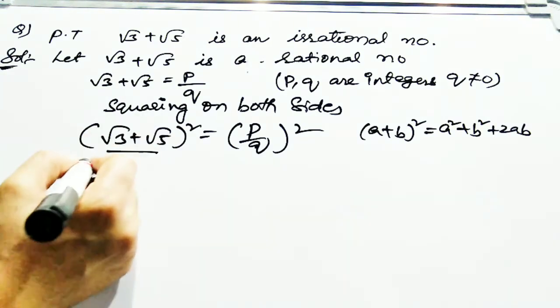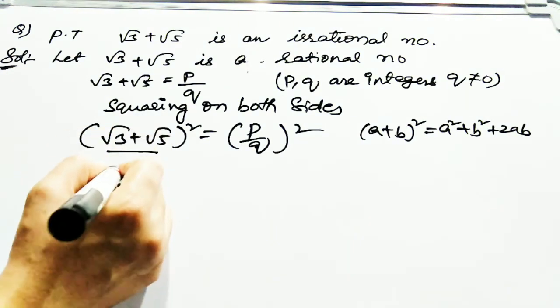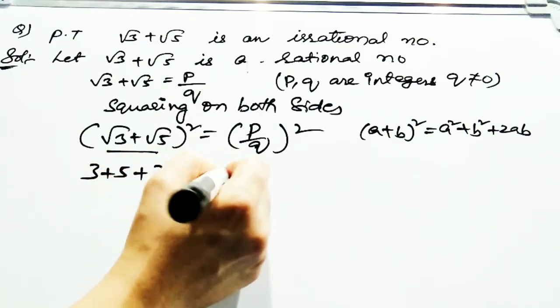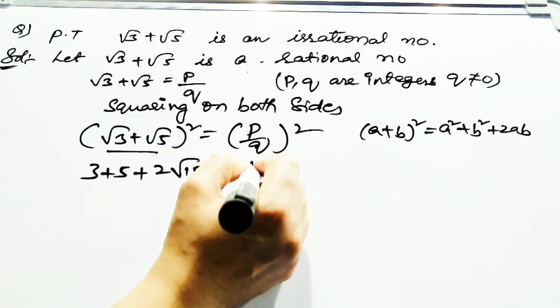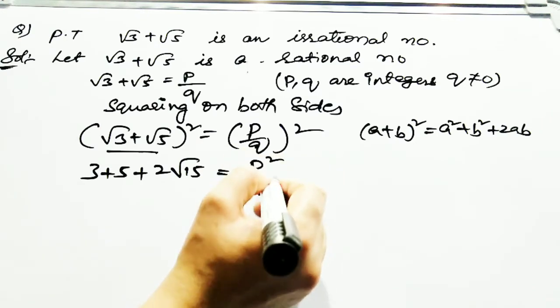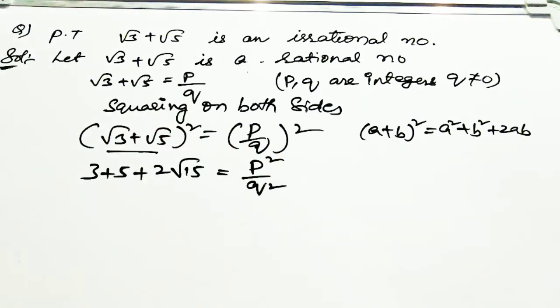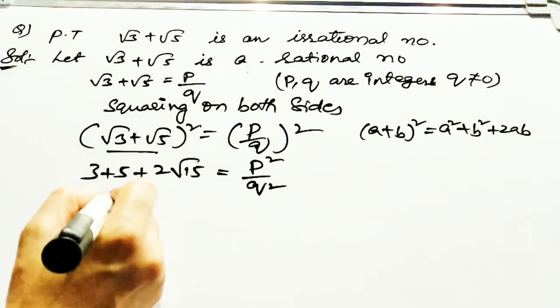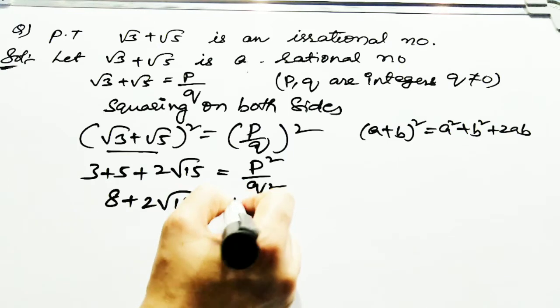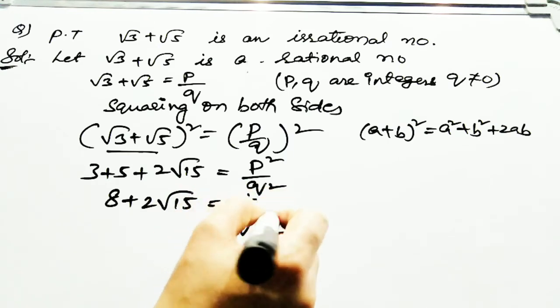Root 3 whole square is 3, root 5 whole square is 5, and 3 times 5 is 15. 5 plus 3 is 8, so 8 plus 2 root 15 equals p square by q square.